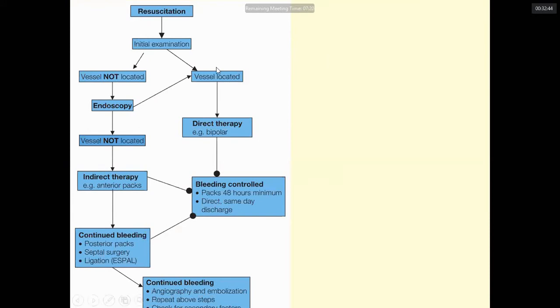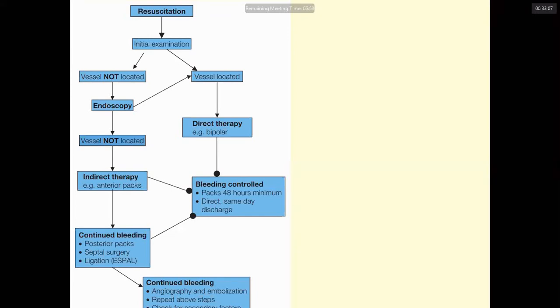Now, you need to read and understand this algorithm. The patient comes, so do the resuscitation, then the initial examination. If you can locate the vessel, you do direct therapy, like bipolar cautery.